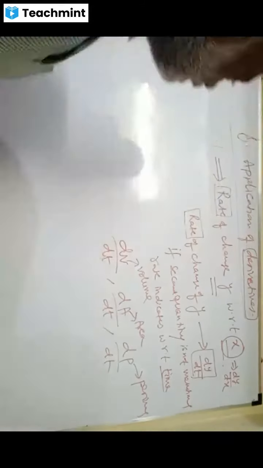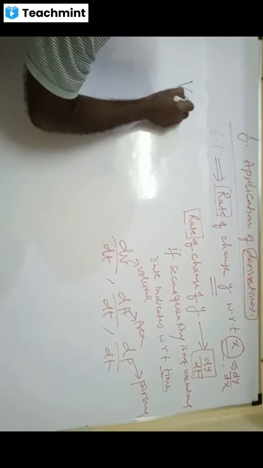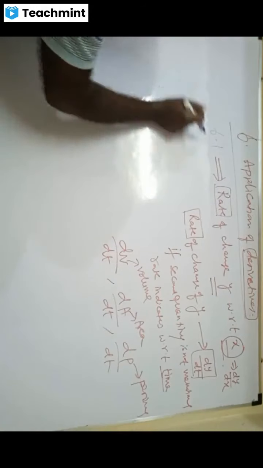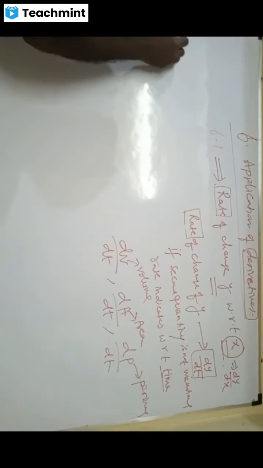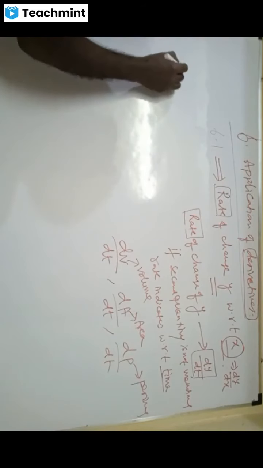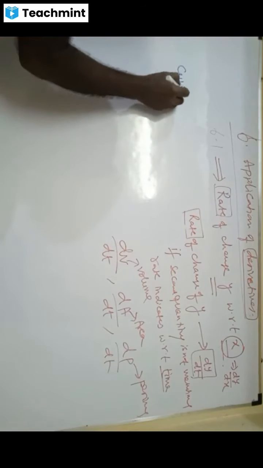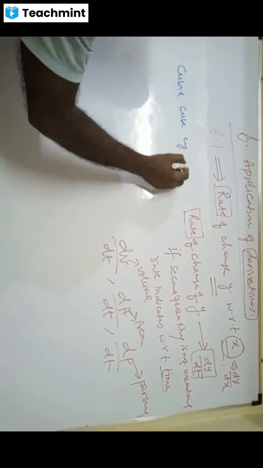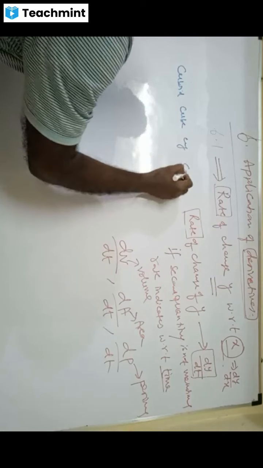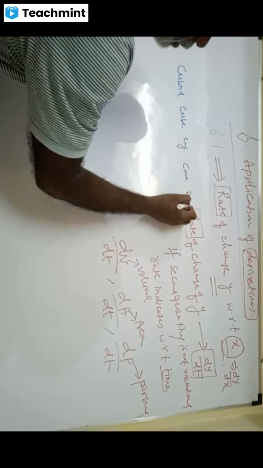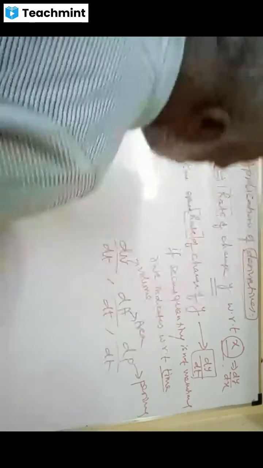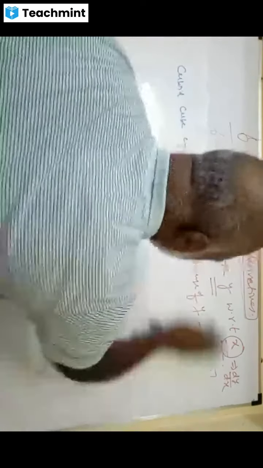You require all these formulas: volume of a cube, volume of a cuboid, cube, cylinder, cone, sphere. You're supposed to know all these formulas, but still I will write them.